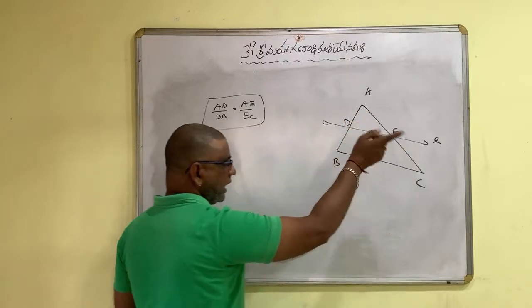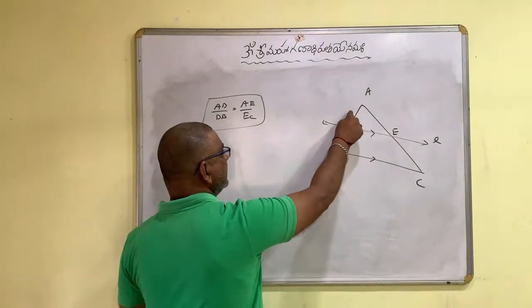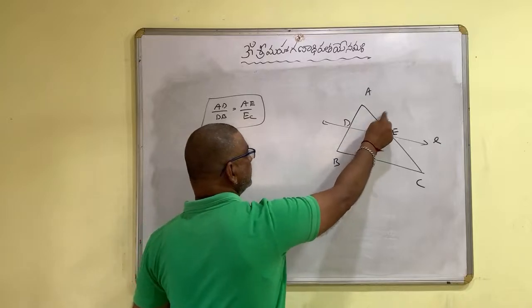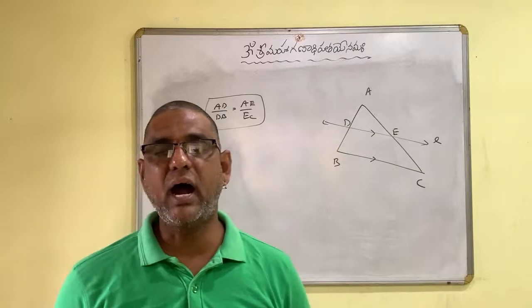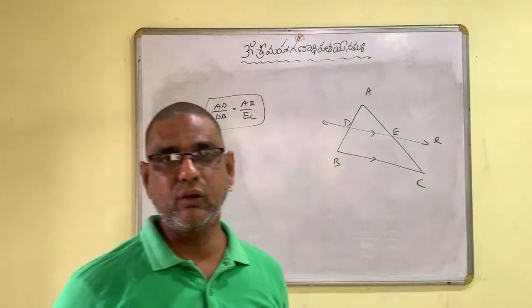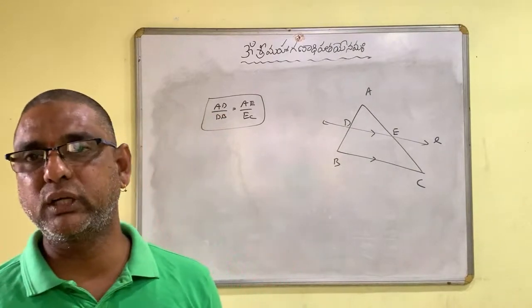According to basic proportionality theorem, this by this equals this by this, which means the parts ratios are equal. That is the basic proportionality theorem.